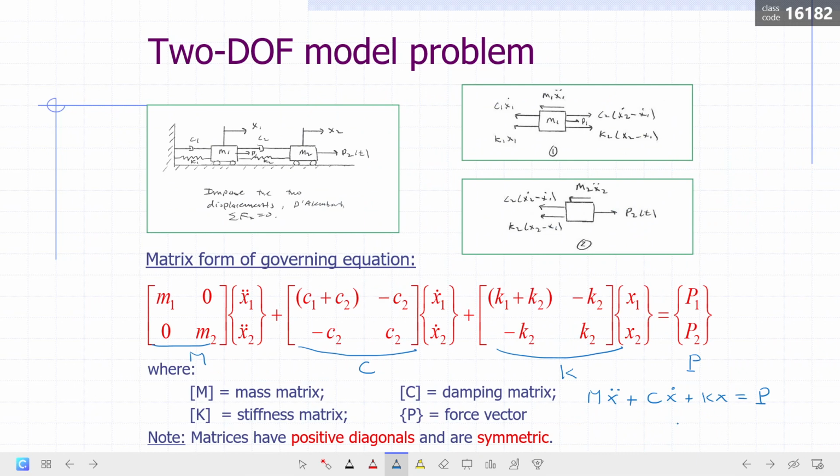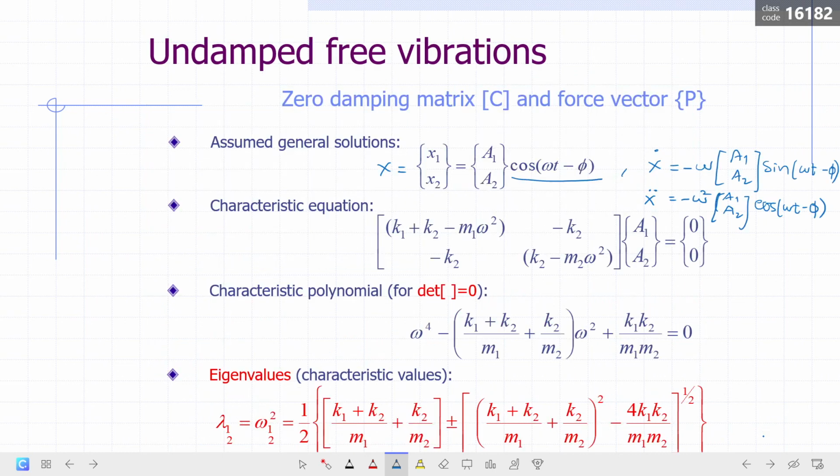Not really this equation, but the homogeneous equation. This one actually. Then we can simplify into this form.